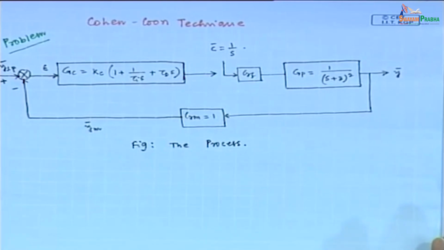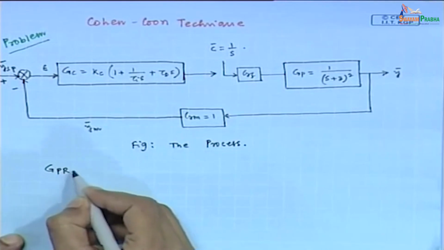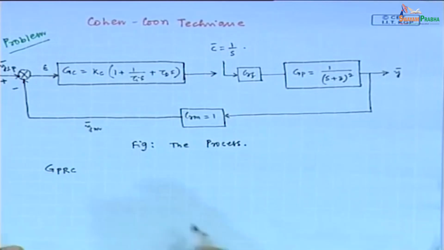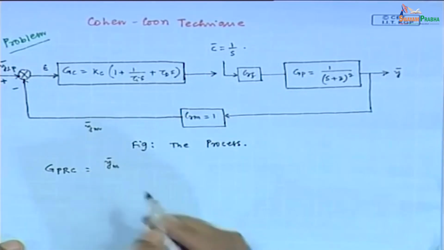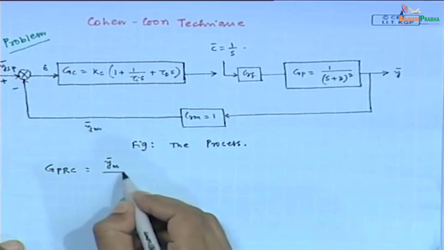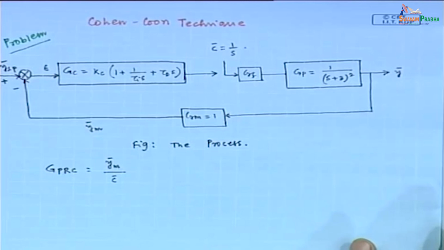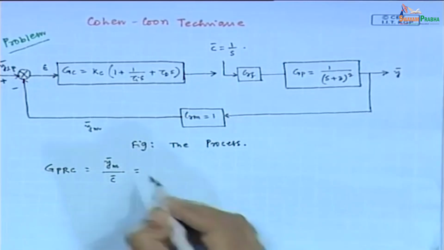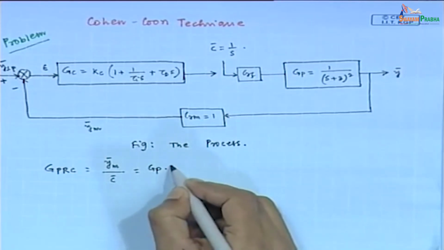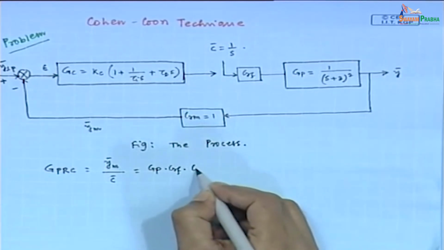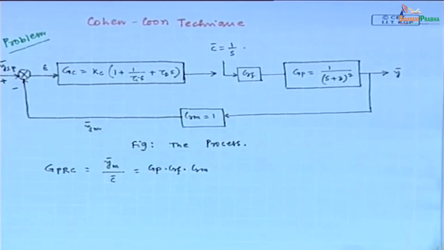First, we need to form the transfer function of the process reaction curve. The transfer function of the process reaction curve, PRC, is equal to Ym bar divided by C bar, which is equal to Gp Gf Gm. For simplicity, we have considered Gm equals 1.